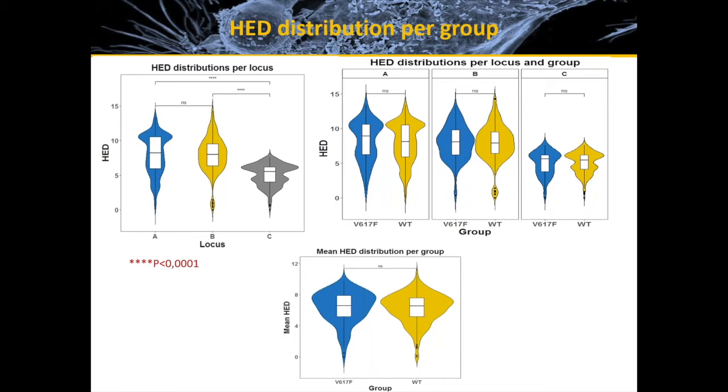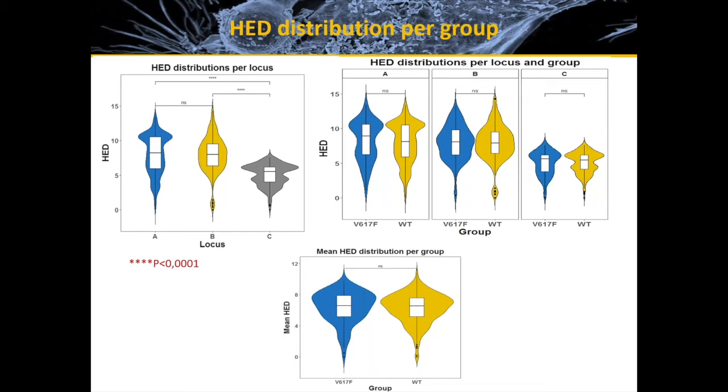It appeared that, expectedly, HLA-A and B loci had significantly higher HLA evolutionary divergence compared to the HLA-C locus. Notably, JAK2 V617F was not associated with any difference in HED at any locus or in mean HED.